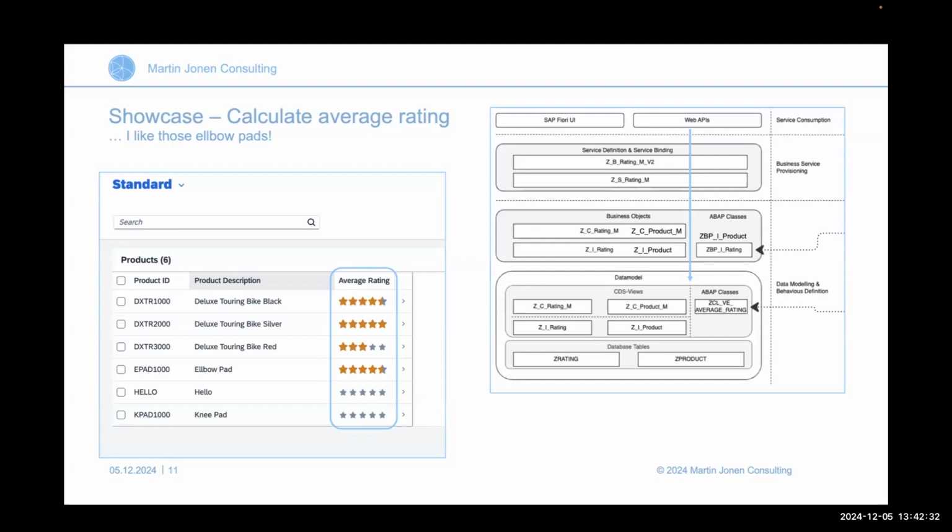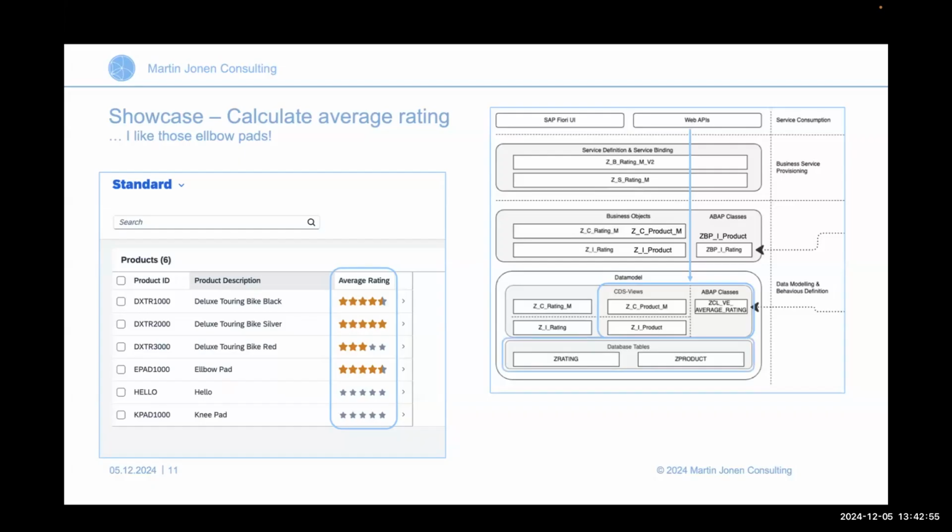And this is very interesting here because our first showcase, the average rating, is calculated in this class, which is bound to the data definition of the C set product M CDS view.